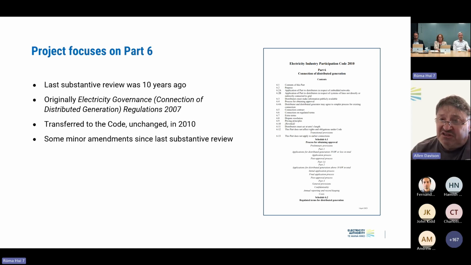Applications to connect are larger and more complex, and much larger in number too. And Part 6 hasn't really responded to that, and so this is where we focused our efforts. Pretty much everything we've proposed, apart from a few Part 1 definitions, will go into a proposed new Part 6. Next slide, please.